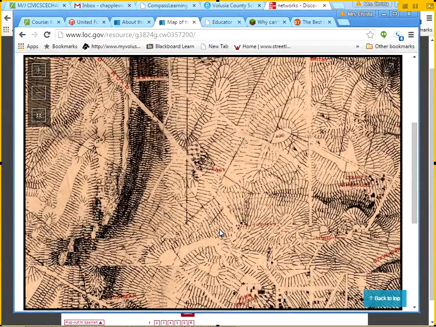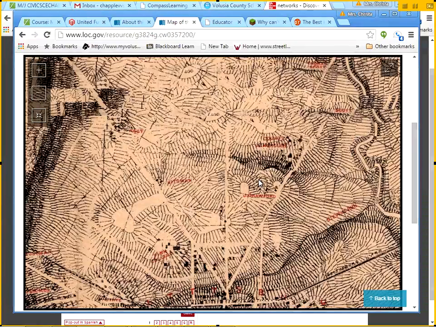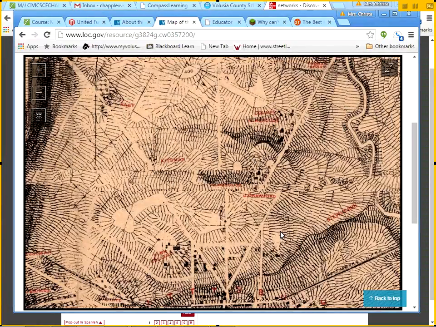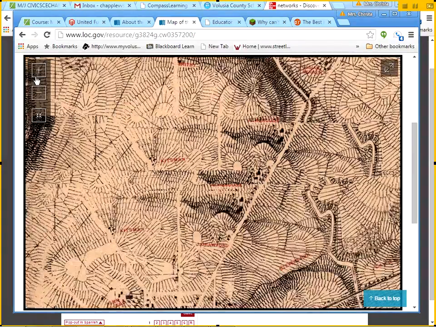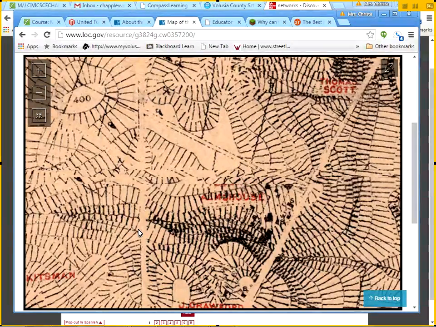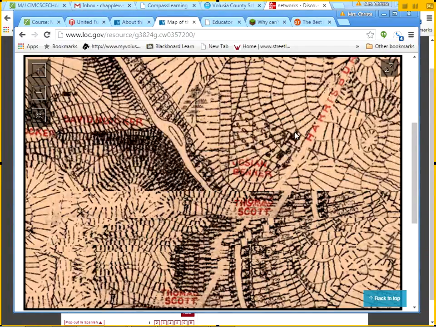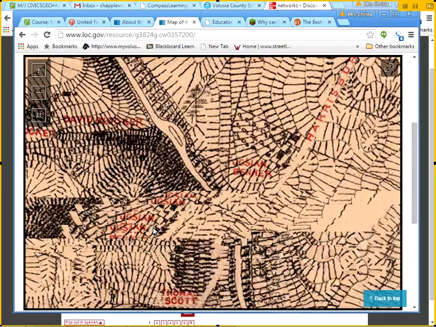There's names. I wonder if those are Penn College. Those are places, maybe? People, farms? What is this? County? What does that say? Almshouse? Okay, so these are different places, maybe farms, some of them. I wonder what these little things are. Harrisburg Road.